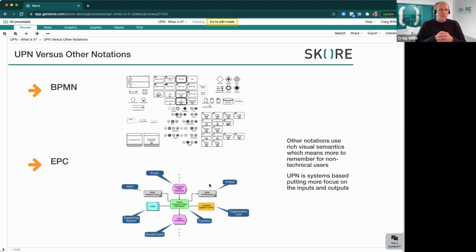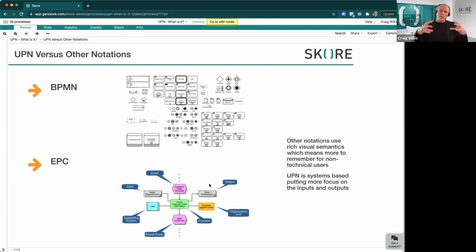The other aspect is that they don't as easily accommodate the functional decomposition, that ability to break down the process. Now they do, and most vendors will support that. Vendors that support BPMN, for example, will support some sort of sub-process decomposition, but it's approached from a very different angle.